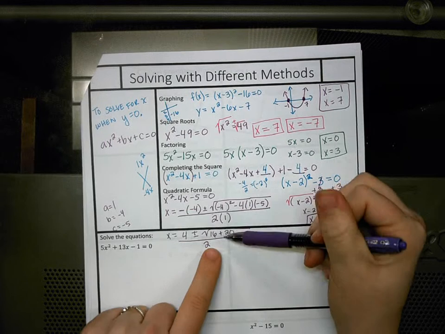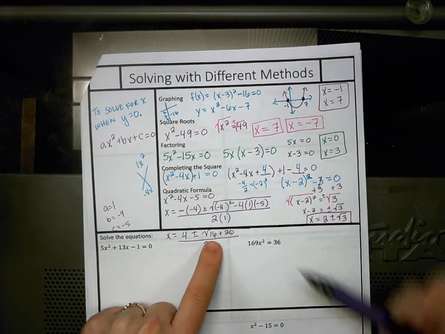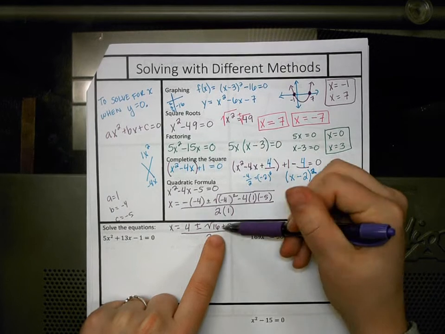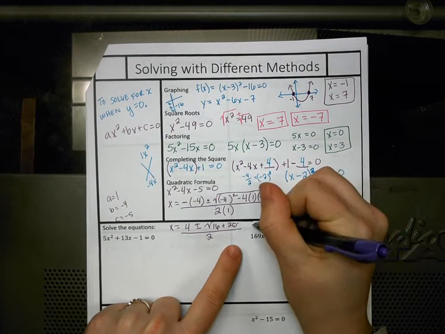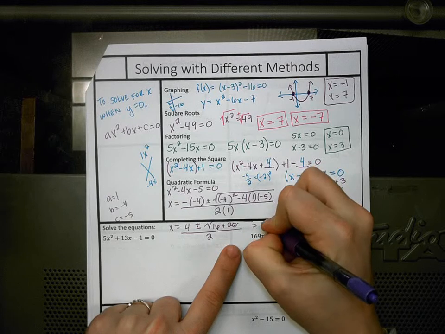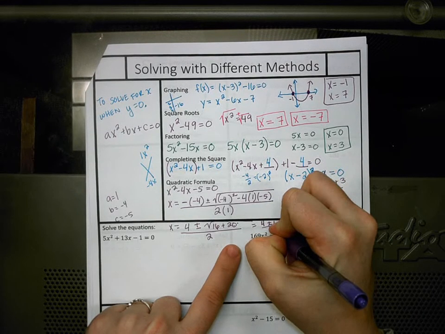Well, this simplifies in order to be a perfect square. So 16 plus 20 is 36, and the square root of 36 is, hopefully you said 6. So I get 4 plus or minus 6 all over 2.